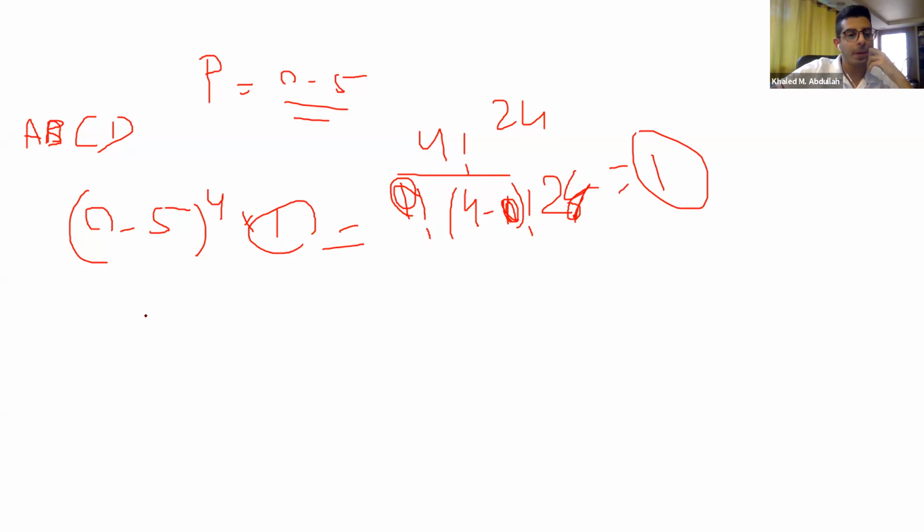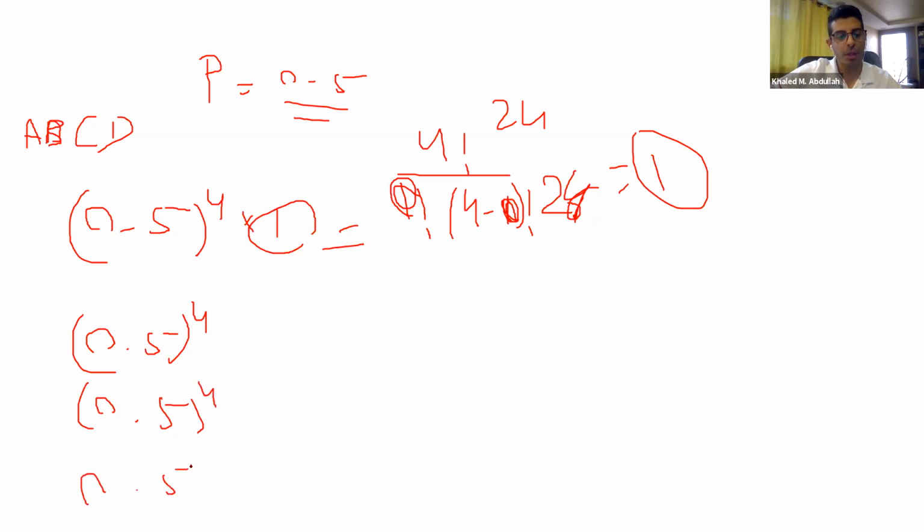Now let's do if 1 child is affected. So what's the chance of 1 child being affected? I'm going to do the factorial thing first, because this part will just be the same, 0.5 to the power of 4. Remember, the chance of being affected is half, and the chance of not being affected is half. So this happens to be a coincidence where it's always going to be 0.5 out of 4. So what's the chance of 1 child being affected?